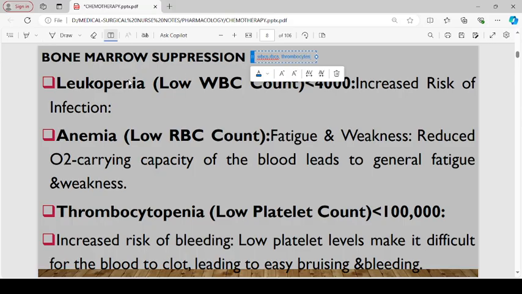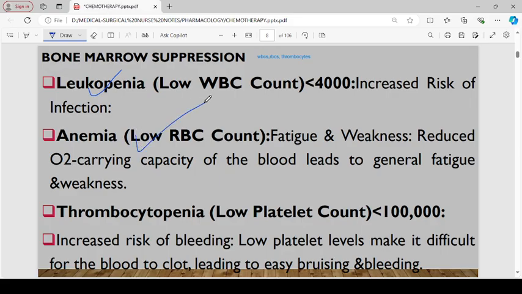So when you have a low white blood cell count, especially less than 4,000, that's what we refer to as leukopenia, right? And somebody with leukopenia has increased risk of contracting an infection, right? Number two is the red blood cells.